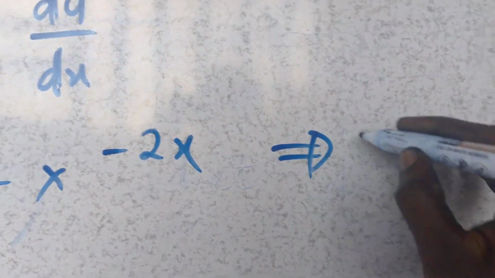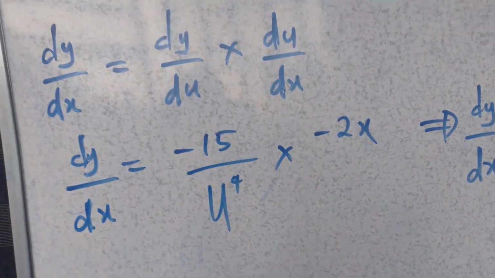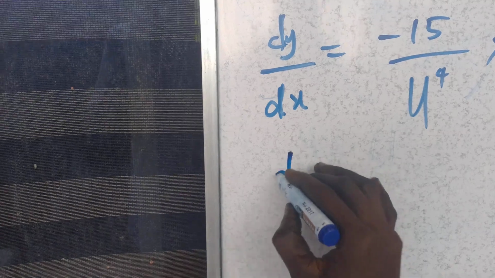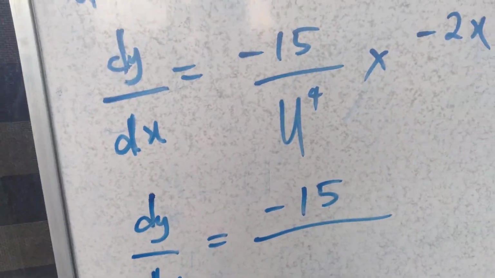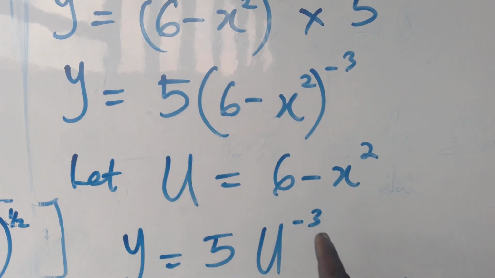Put in the value of u here; the value of u is 6 minus x squared.